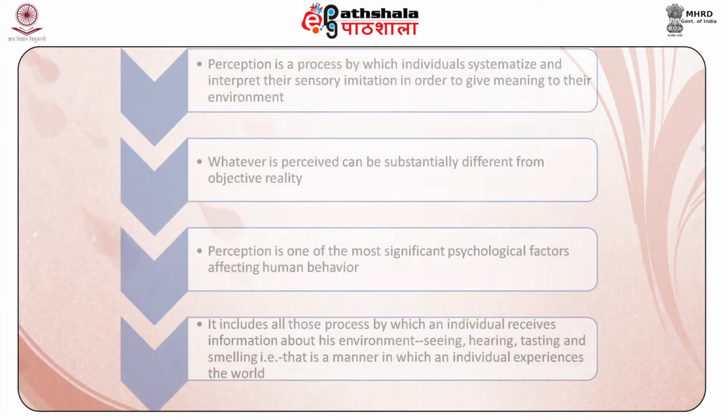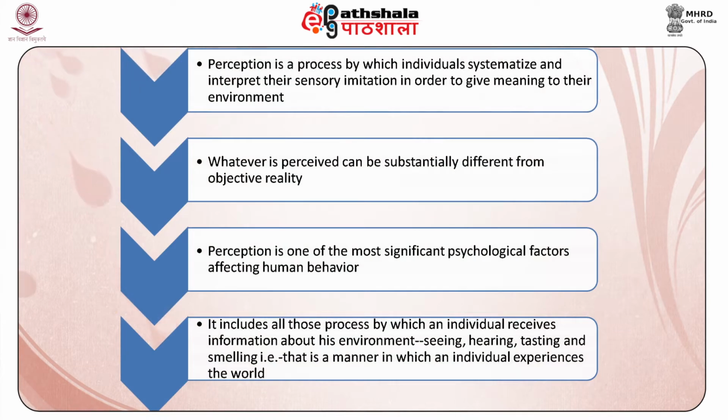Introduction. Perception is a process by which individuals organize and interpret their sensory impressions in order to give meaning to their environment. Whatever is perceived can be substantially different from objective reality. Perception is one of the most significant psychological factors affecting human behavior.